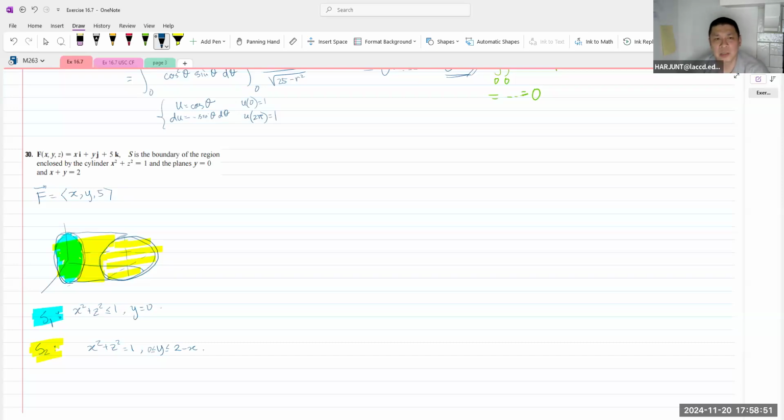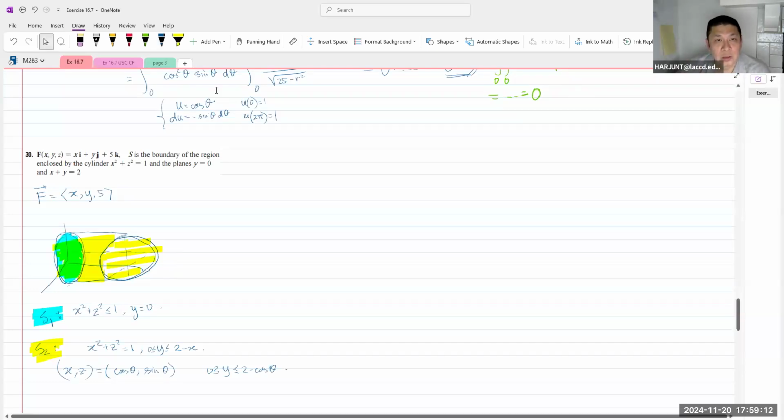We will parameterize that this way later on. For x and z, we parameterize using radius 1, so it's cosine theta, sine theta. So y will be from 0 to 2 minus cosine theta.